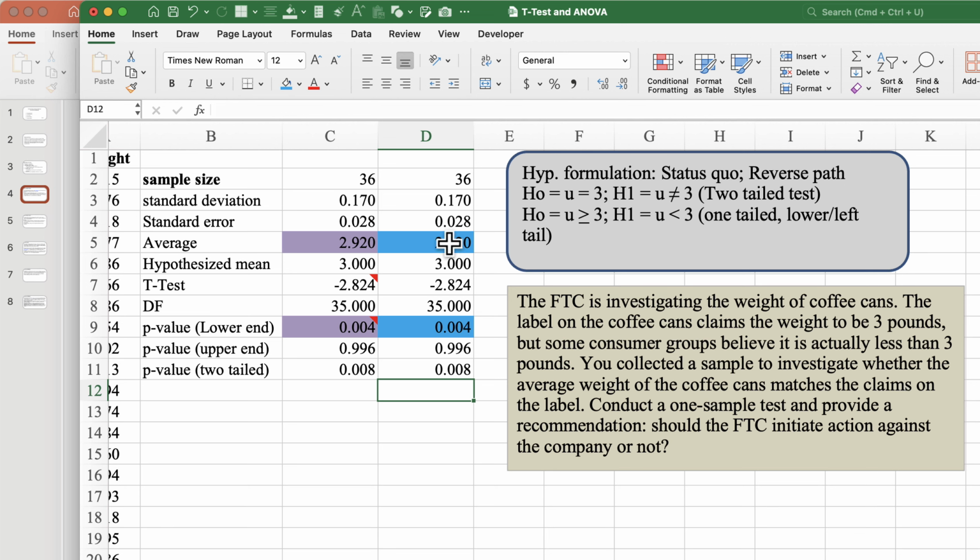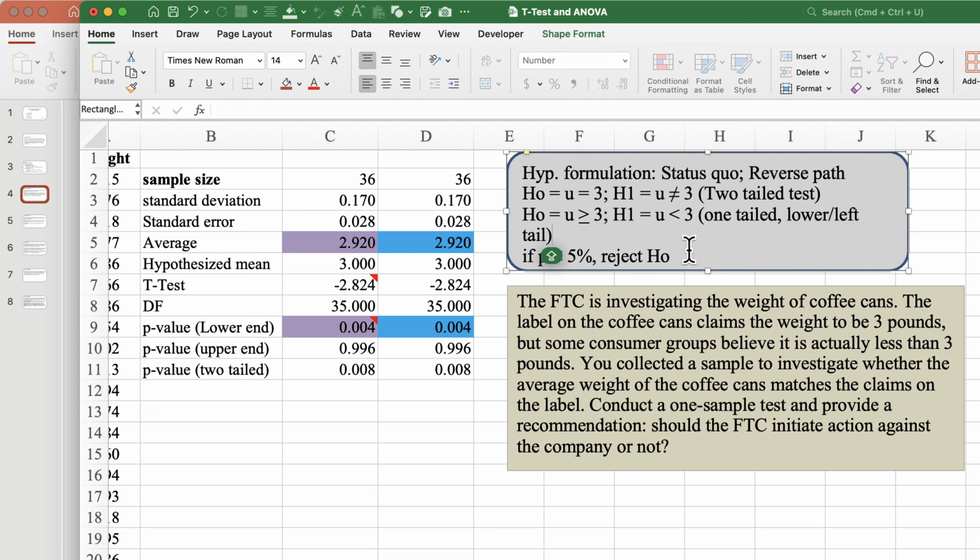Now in these results there are many things, but the most important things are the ones highlighted in blue color. This average, that's 2.920, is less than the hypothesized mean. The weight mentioned on the labels is 3 pounds, but this average turns out to be less than that. And the second thing is that this p-value is less than 5%, because we had already decided that if the p-value turns out to be less than 5%, we will reject the null, that the mean is equal to or greater than 3.